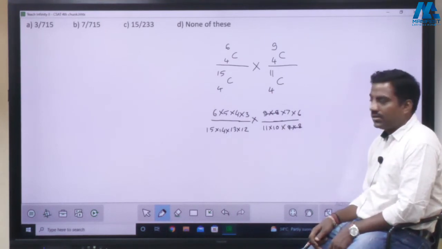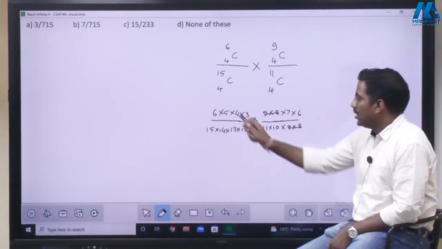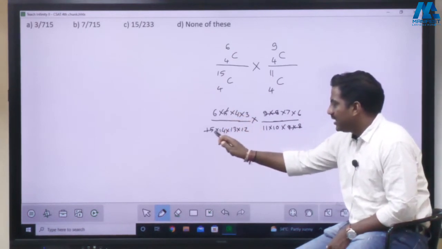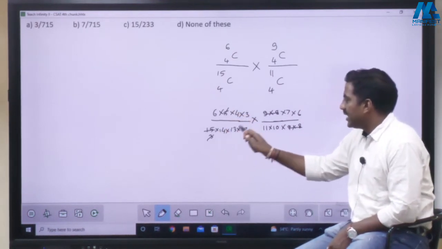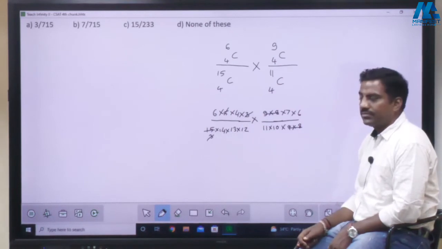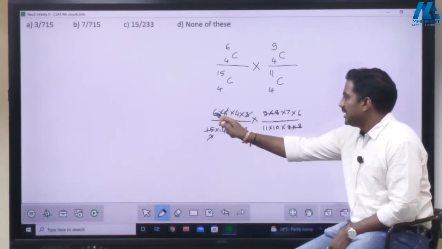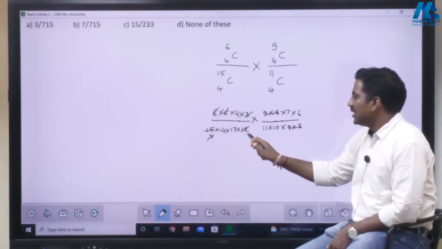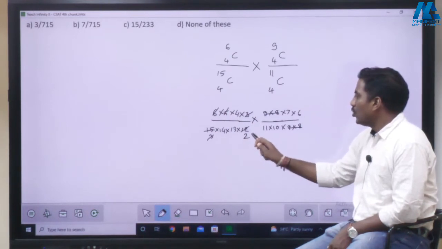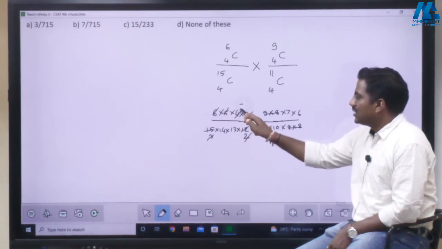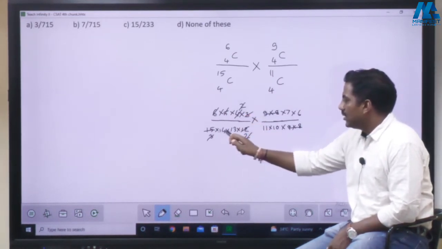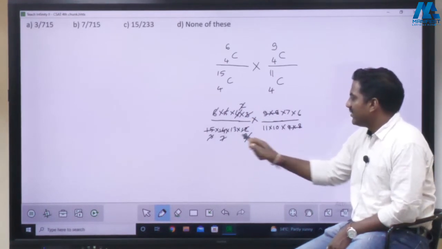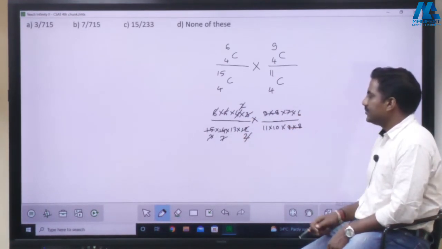Here 5 ones are 5, 3 threes are 3 get cancelled. 6 ones are 6, 6 twos are 12. Then 2 ones are 2, 2 twos are 4. 2 ones are 2, 2 sevens are 14. 7 gets cancelled.